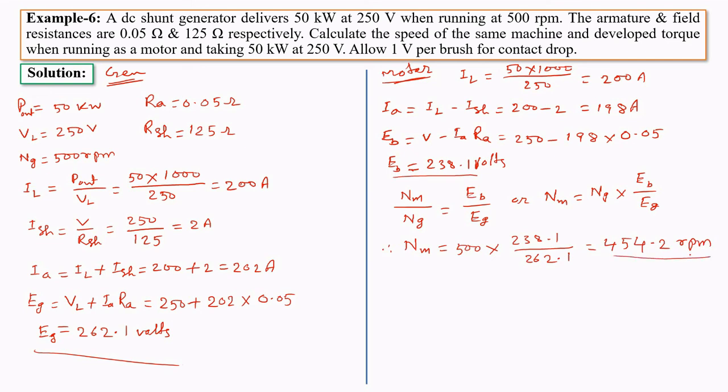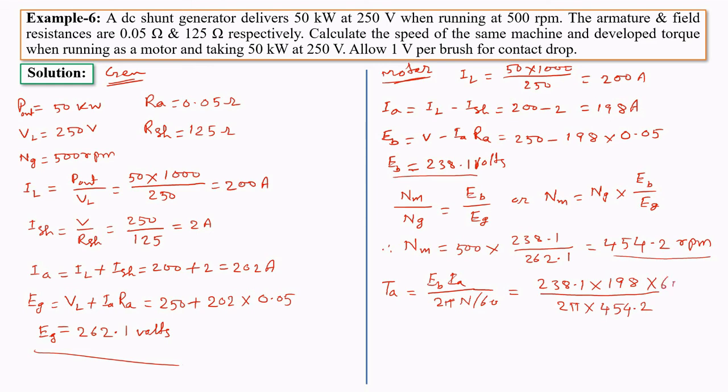So this is the speed of the motor, that is 454.2 rpm. And the torque of the machine is given as EB into IA by 2 pi N upon 60. So it can be written as back EMF 238.1, armature current of the motor 198, upon 2 pi into speed of the motor, that is 454.2 upon 60.